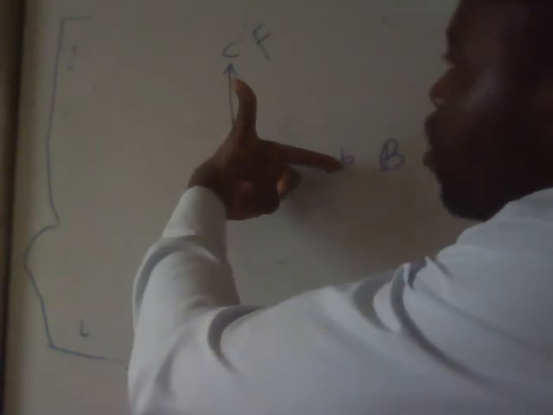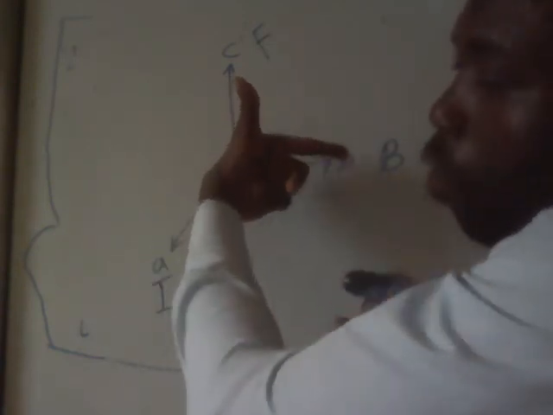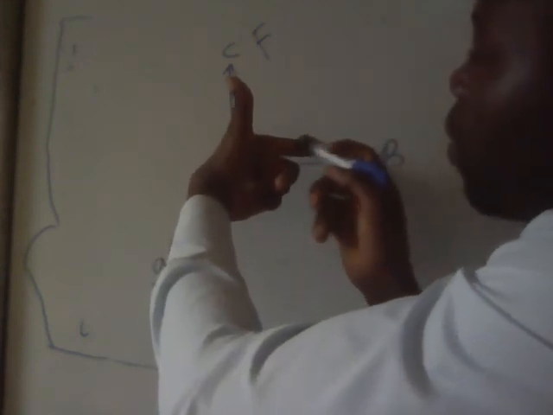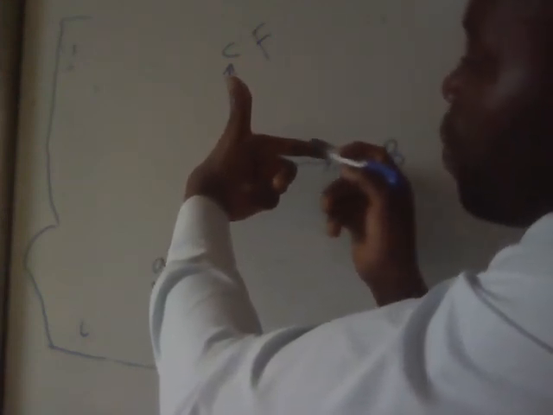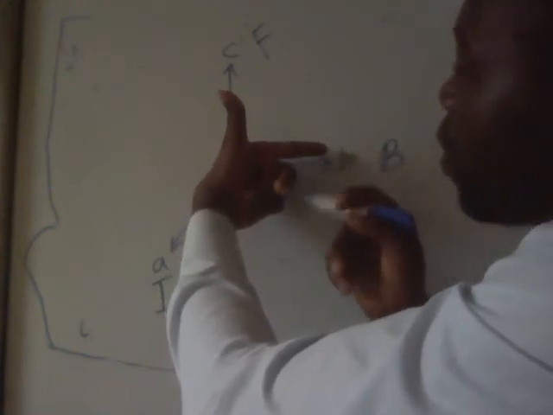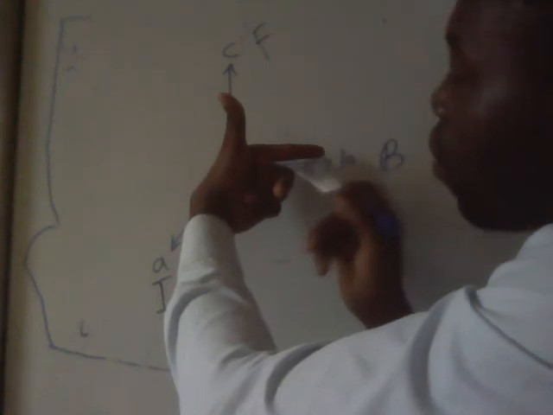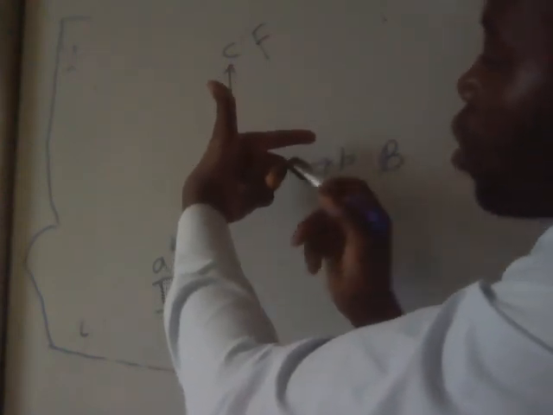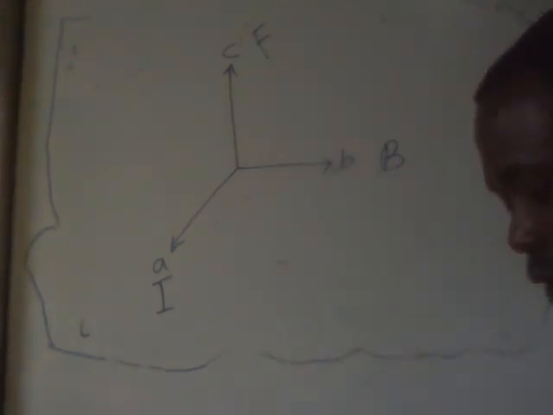So my thumb is pointing up, which is the force. My forefinger, which is the field, is pointing in B. And the second finger is always the current. It's pointing down in this direction. That means that option A is correct.